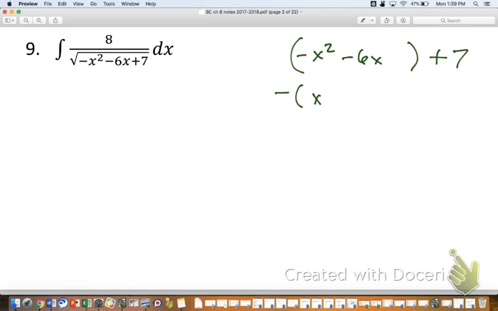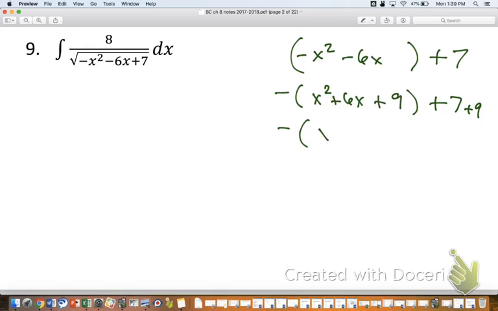So it'd be negative parentheses x squared plus 6x, still grouped together, plus 7. And what will I be adding to the inside of the parentheses? 9. The trick here, of course, is that I really did not just add 9 to the whole expression. I really subtracted it. So if I subtracted 9, I need to balance it by... There you go. That works too.